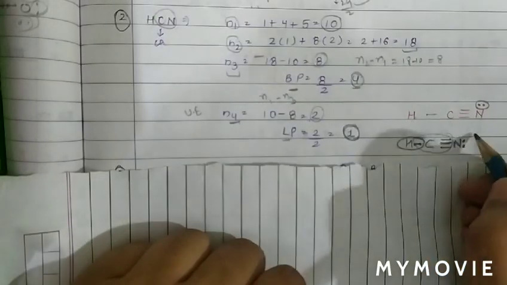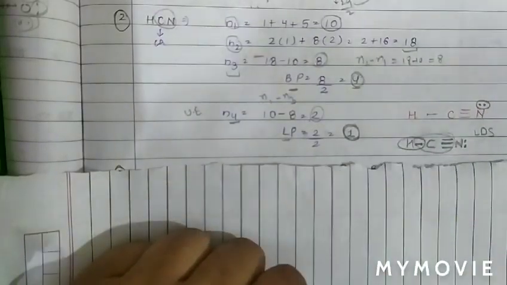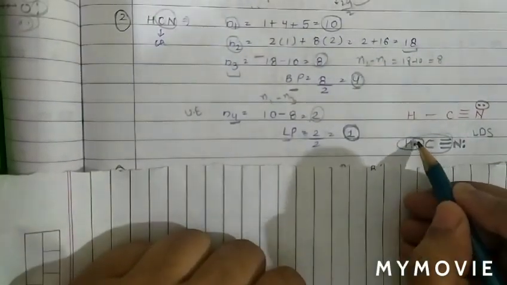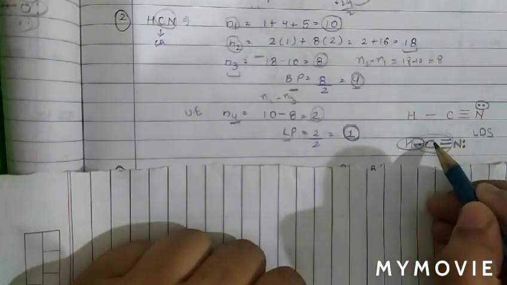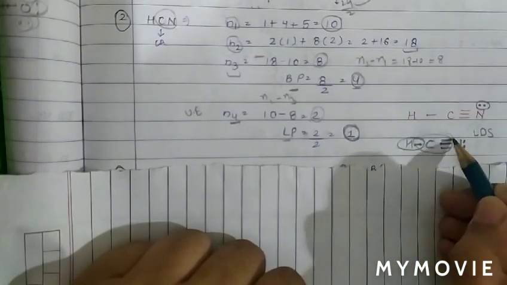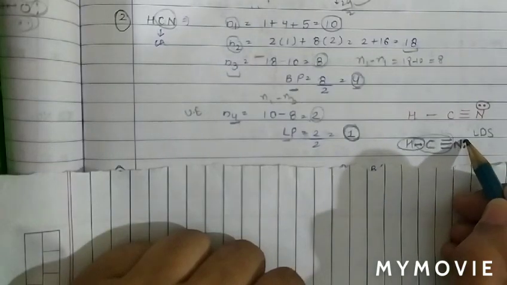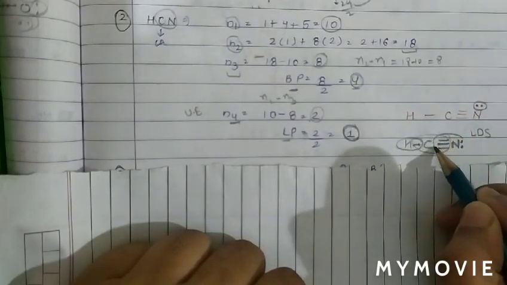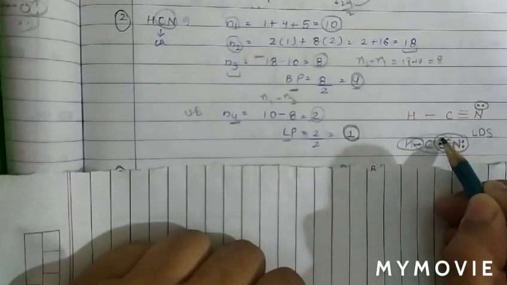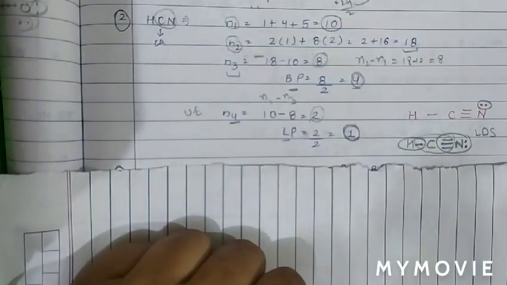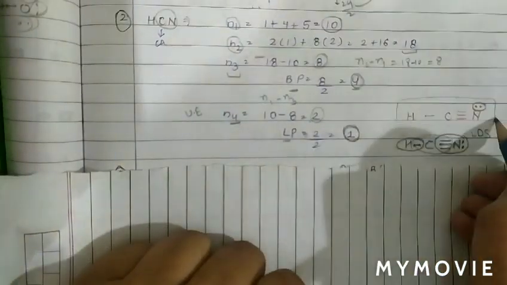So this is the correct Lewis dot structure of HCN. The duplet of hydrogen is completed with 2 electrons, the octet of carbon is completed, and the octet of nitrogen is also completed, 6 and 2 making 8 electrons. So this is the actual structure of HCN.